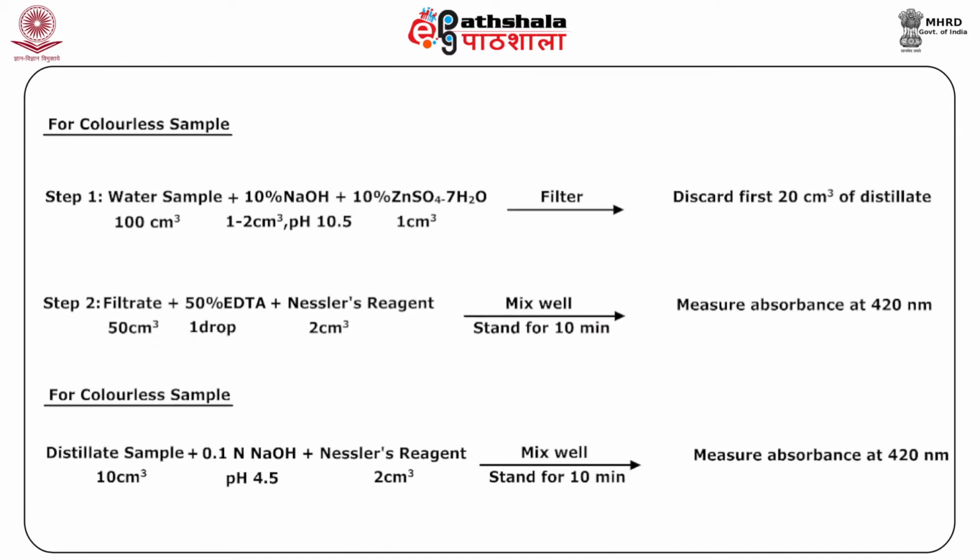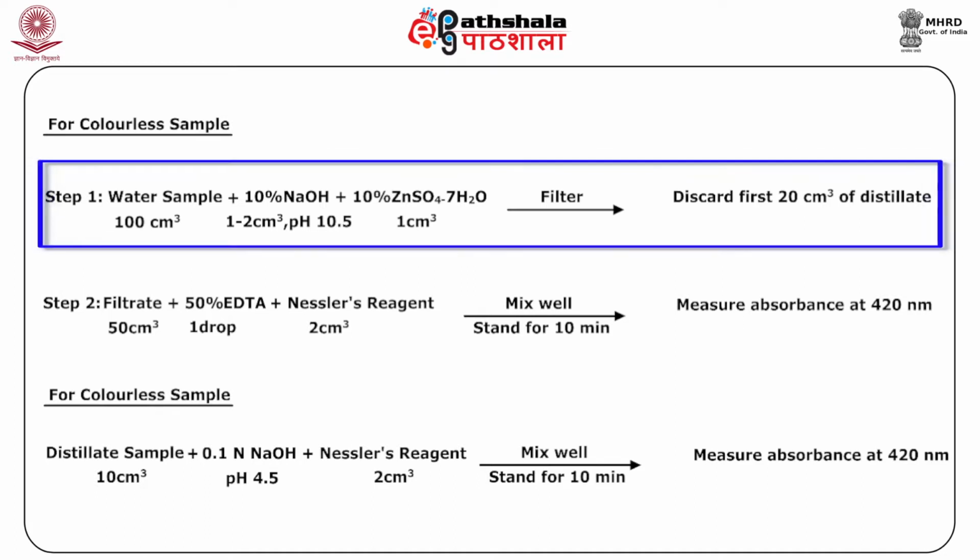For the colorless sample, step 1 is that a water sample of about 100 cm³ is taken and treated with 10% NaOH and 10% zinc sulfate. It is then filtered and the first 20 cm³ of distillate is discarded.